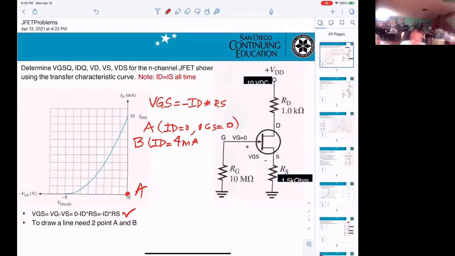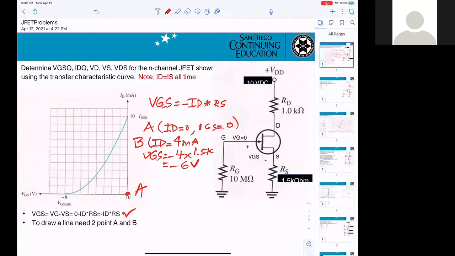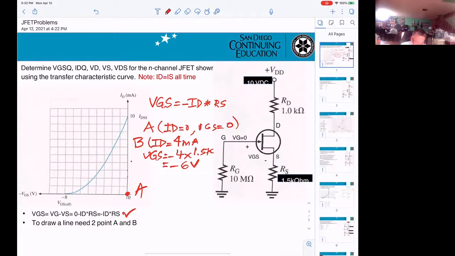Then VGS equals minus 4 times RS, 1.5K. You get minus 6, right? Yes. Okay, so you get 4 milliamp, 1, 2, 3, 4 right here.